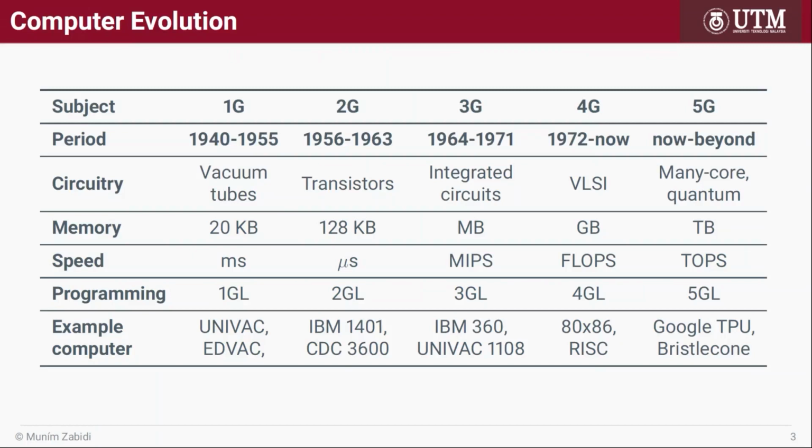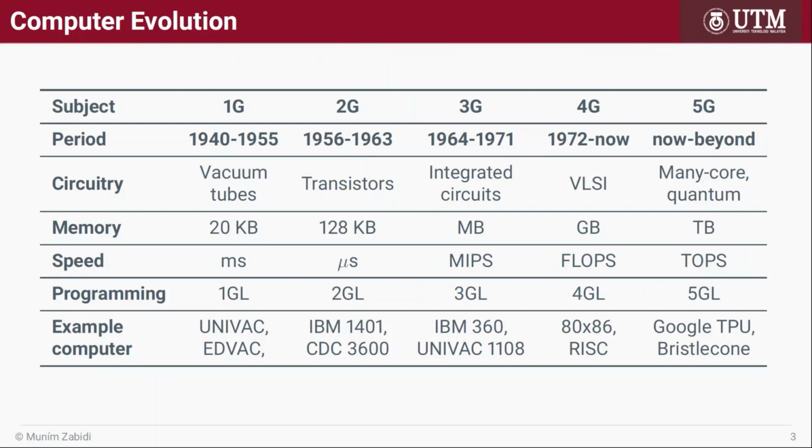Okay, jumping down to the last row, we have some representative computers, but going back to the second last row, we see that the programming languages also moved from generation to generation, but it's not so clear. First generation computer is easy, and first generation language is also easy, because it's machine language.